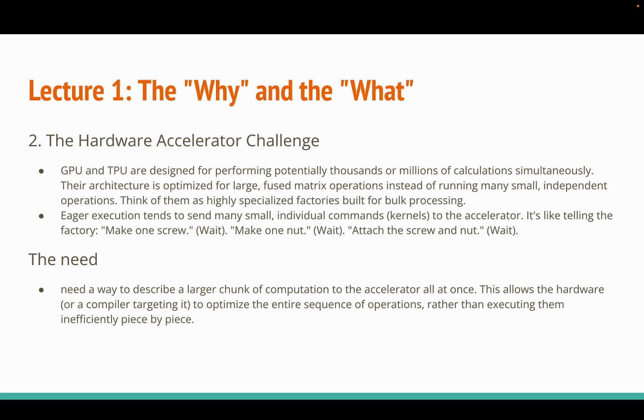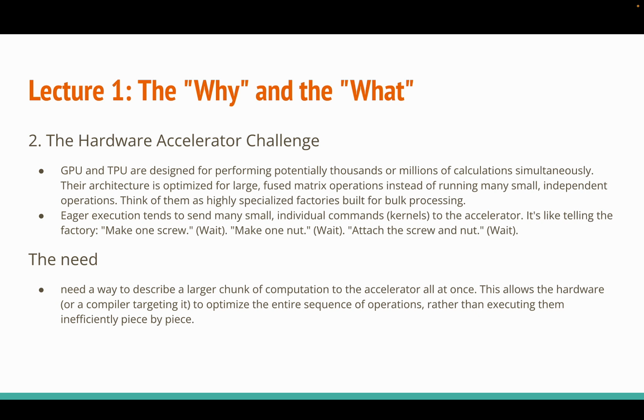So the problem of this model is, first, there is a kernel launch overhead. There is a fixed cost for just starting any operation on the accelerators. Launching thousands of tiny kernels means that you spend a lot of time paying those overhead costs rather than doing meaningful and useful computation. Also, there is an underutilization problem.